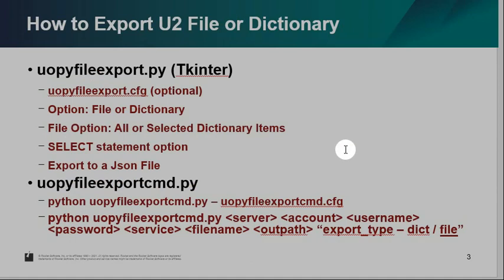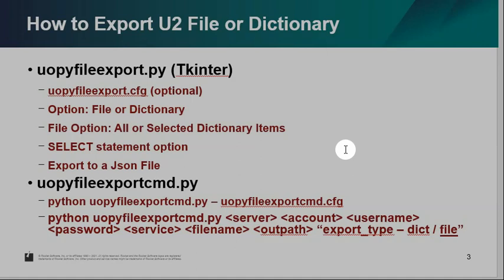If you use Tkinter, you can put all the configuration in the UOPY file export.cfg, or use no configuration file. You have the option to select a file or dictionary. For the dictionary, in this demo program, right now only all the fields can be exported. You cannot choose a partial dictionary, but for a file, you can choose the partial fields to export.